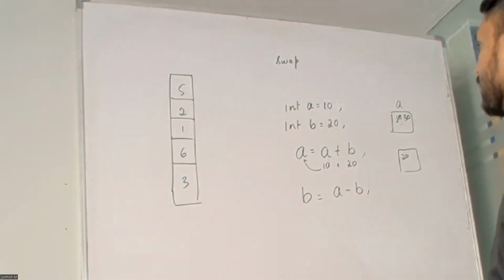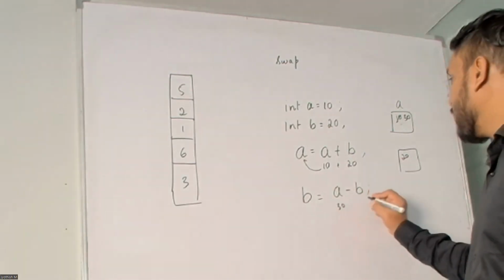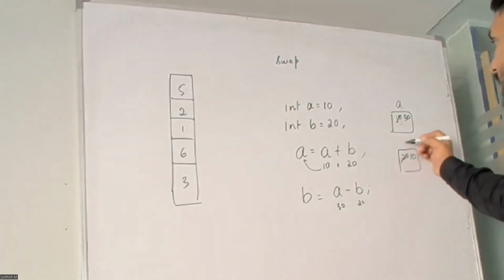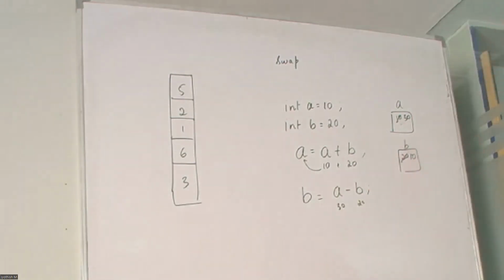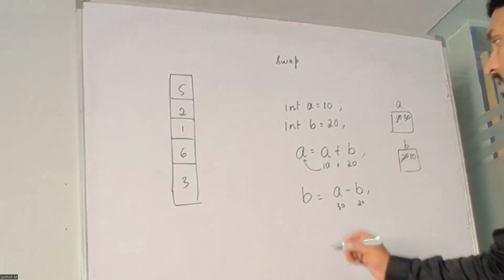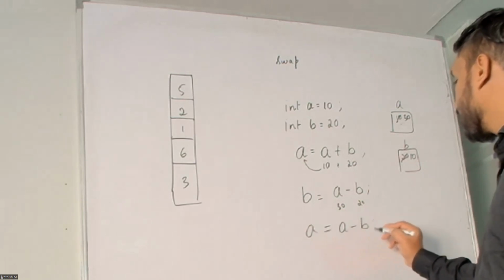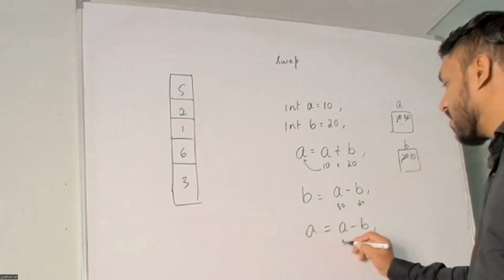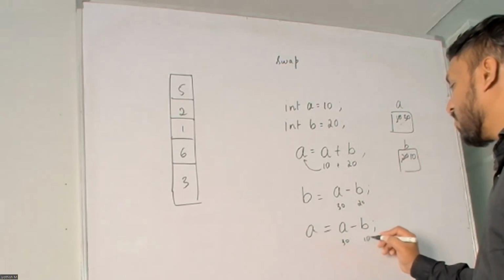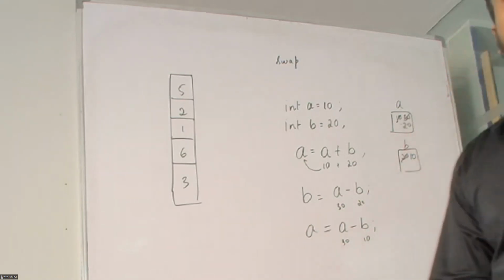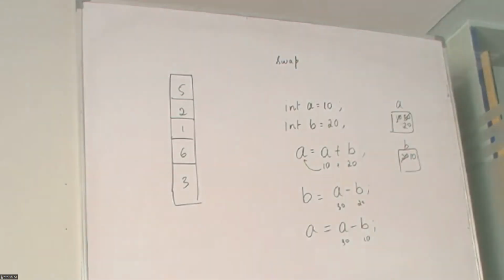What is A value now? 30 minus 20. Now B consists of 10. Then A is equals to A minus B. Now A and B are swapped.